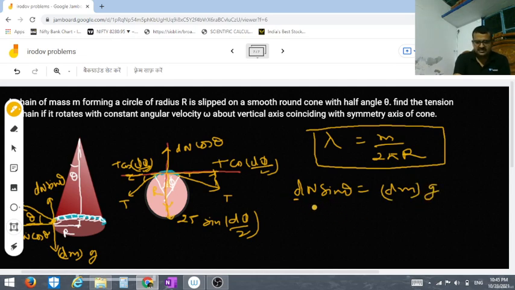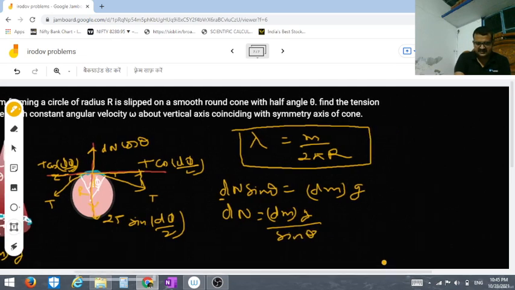now you just substitute the values, and determining the value of dN, I can write dN is equal to dm into g divided by sin theta. Now here, by substituting the value of dm, you know dm is equal to lambda into the length of the component which we have taken, and this will be actually equal to lambda into r d phi.